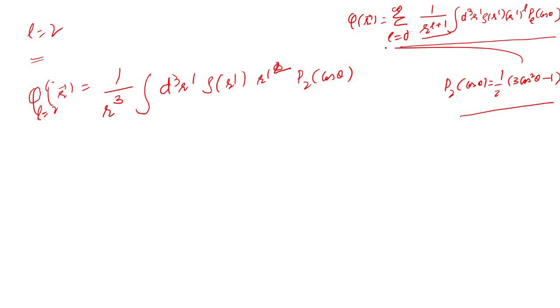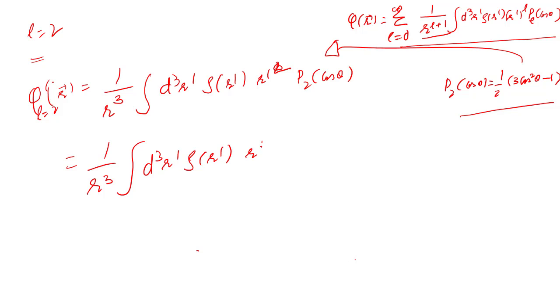So if I plug this in here, then that would be equal to 1 over r cube, d cube r prime rho of r prime, r prime square, half times 3 cosine square theta minus 1.